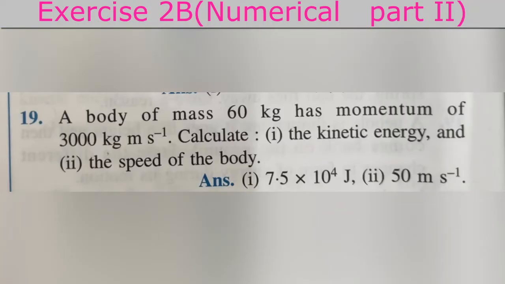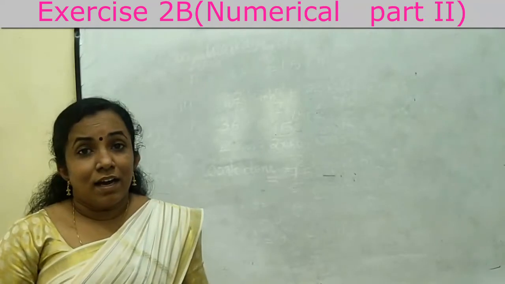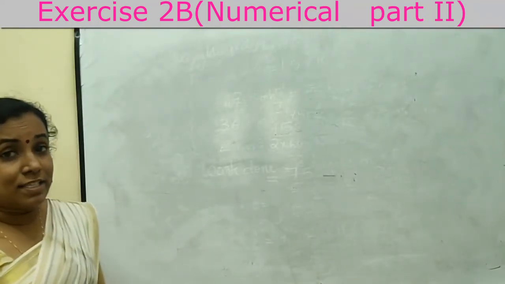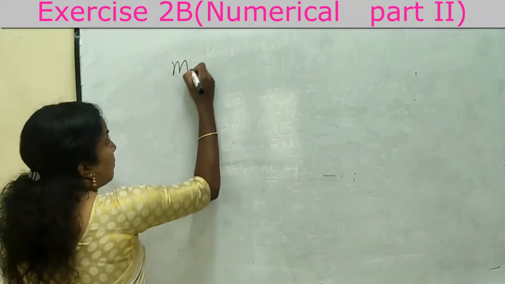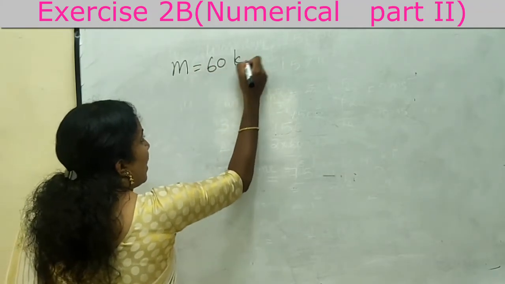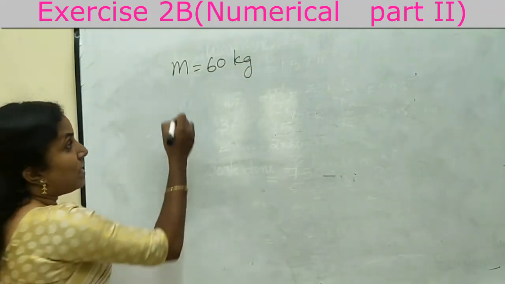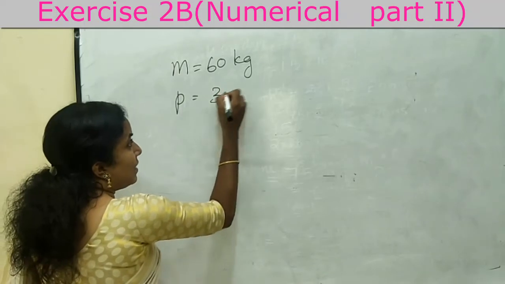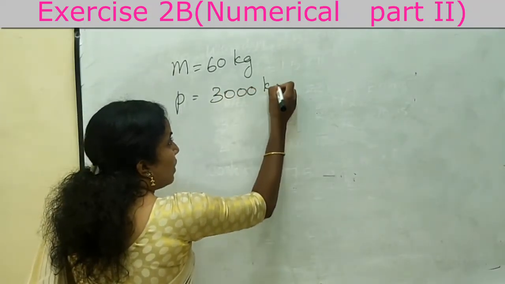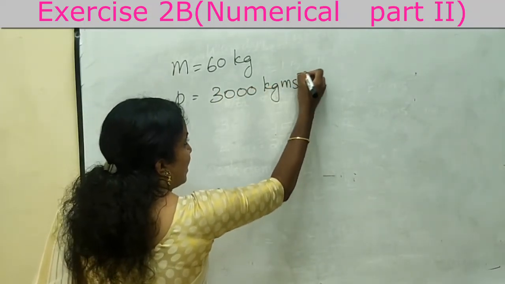A body of mass 60 kg has momentum of 3000 kg meter per second. Calculate the kinetic energy and speed of the body. Here, the mass of the body is 60 kg and its momentum is 3000 kg meter per second.